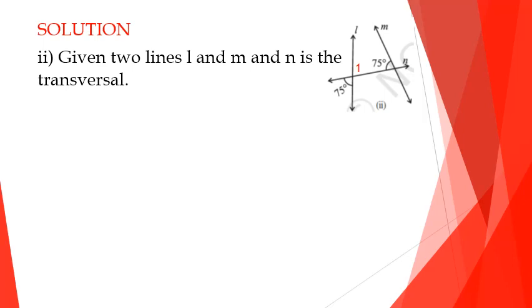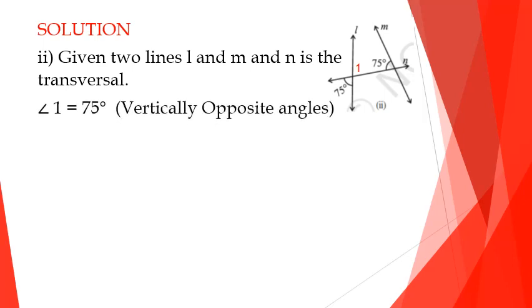Now what about angle 1? Are you able to say? Yes, angle 1 equals 75 degrees, because they are vertically opposite angles. If we know angle 1 and the other angle given is 75 degrees, which two angles are now given in the figure?